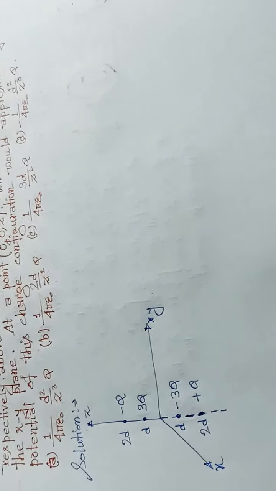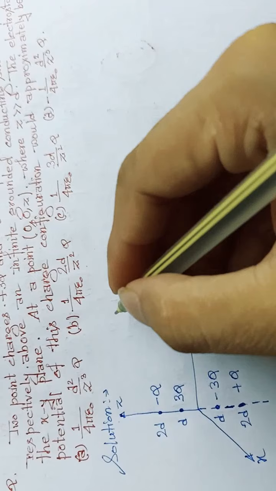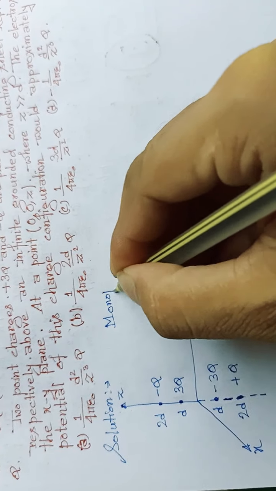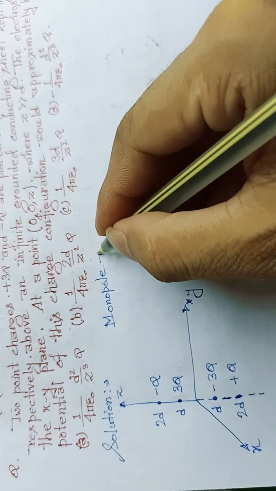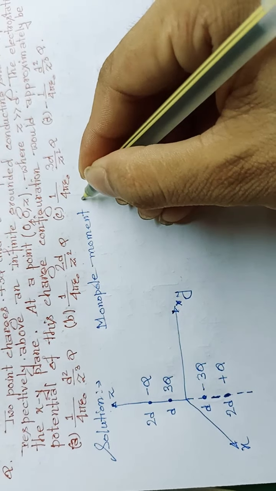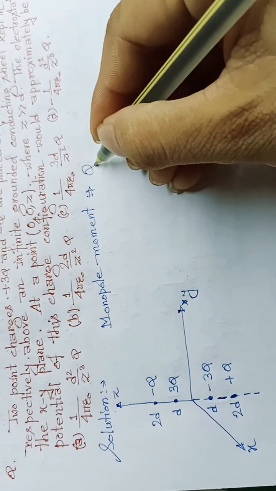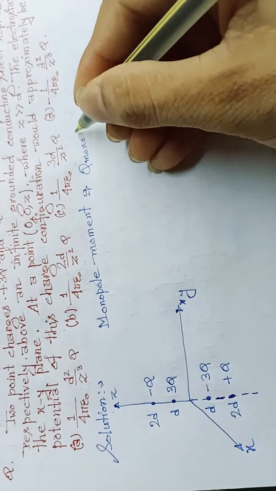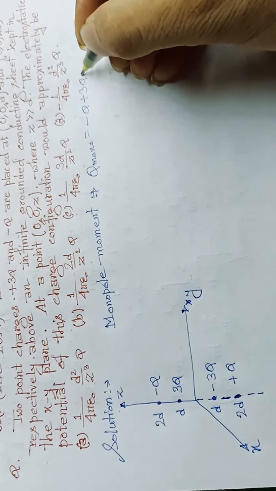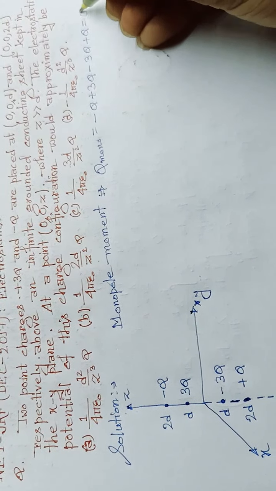So from this diagram we can say the monopole moment, q mono, is equal to -q + 3q - 3q + q, which is equal to 0.